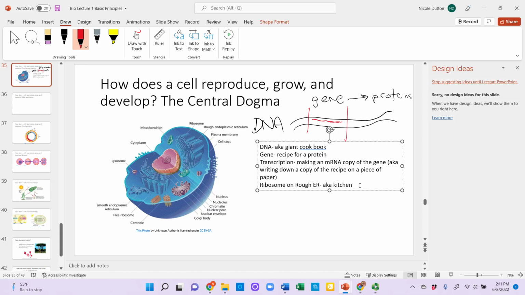Inside the kitchen, we are going to be reading the instructions from that recipe and turning it into ingredients. And that's what's happening during the process of translation. It's when a ribosome reads the messenger RNA and turns it into a sequence of amino acids.